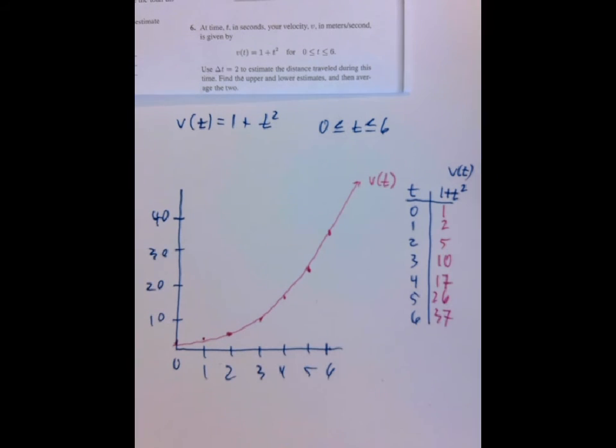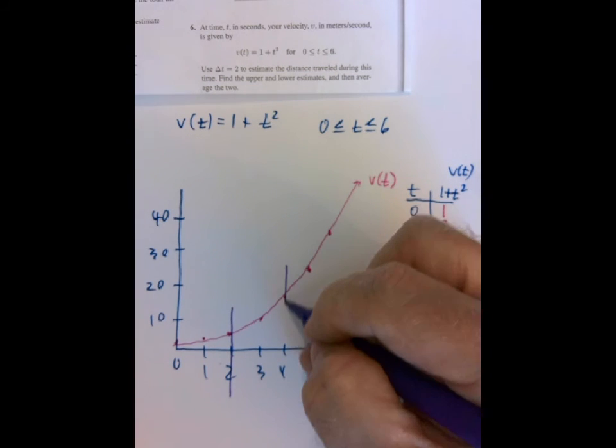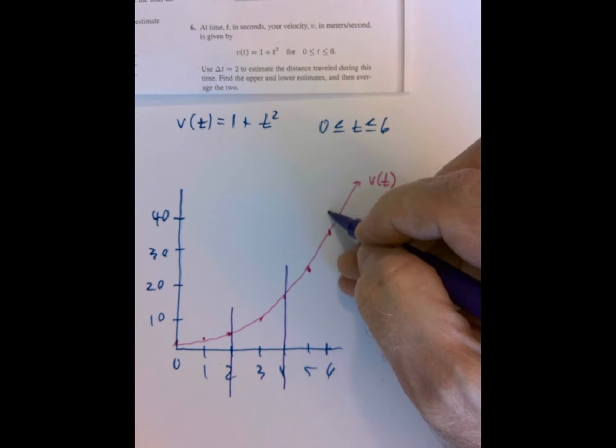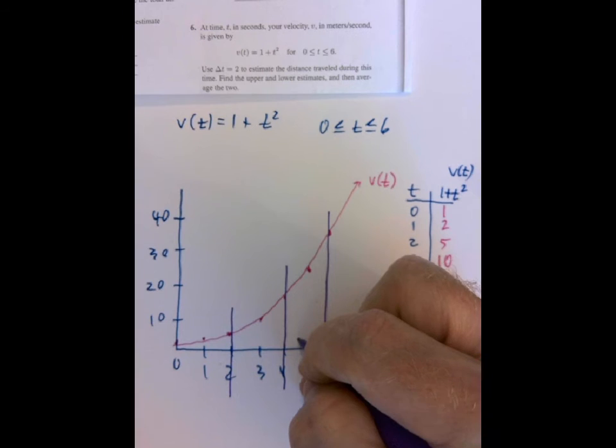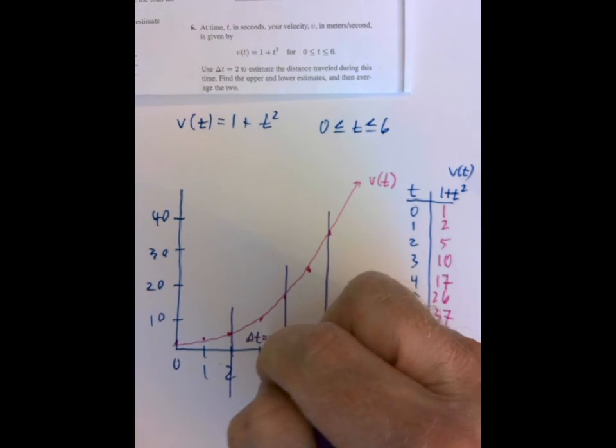That would mean zero to 2, 2 to 4, 4 to 6. So we get delta t is equal to 2 for each one.